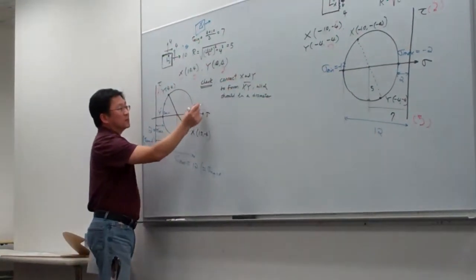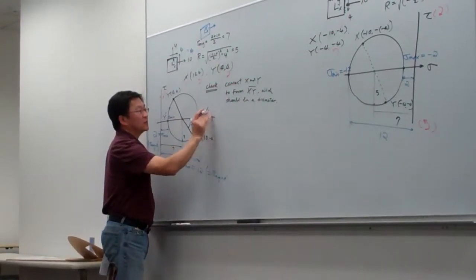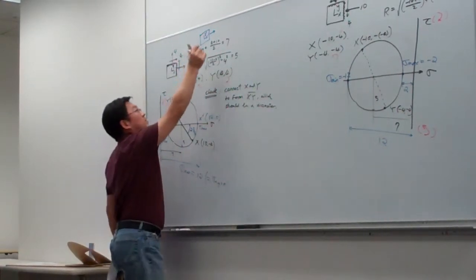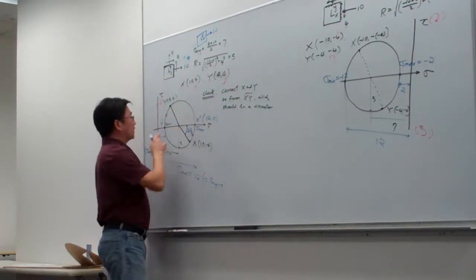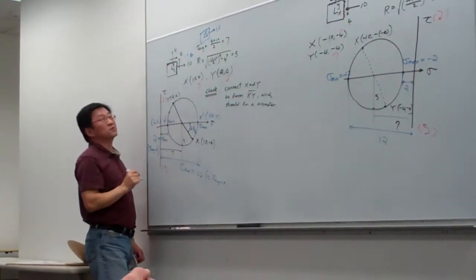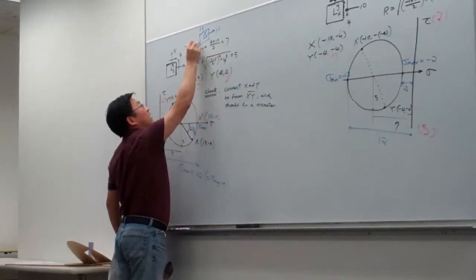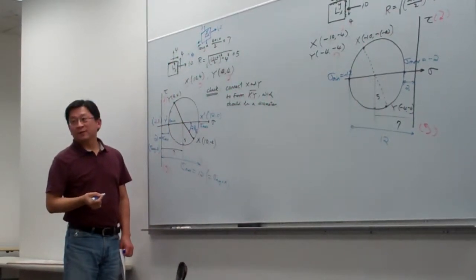On x prime, the coordinate is sigma. For this example, this has a coordinate 12 and 0, representing here is 12. The 0 has no shear stress. On y prime, reading from the graph, the coordinate is 2, 0. So from here it is 2. This is our first principal orientation.